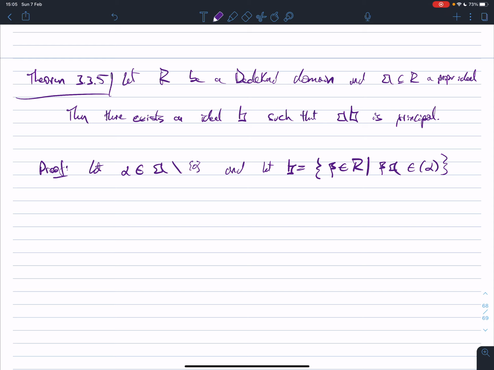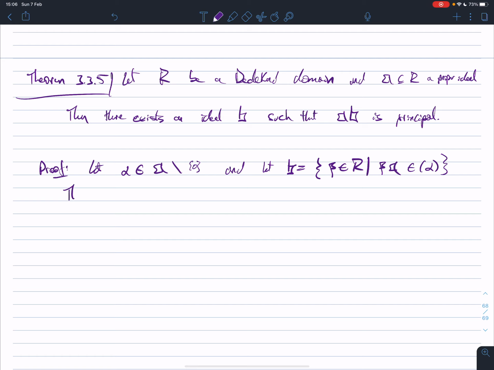And I claim that this thing is an ideal. This isn't hard to check. Go through the definition and you'll see that this is an additive group, and it's closed. If you have one element in it and you multiply by some other element, then you stay inside the ideal.